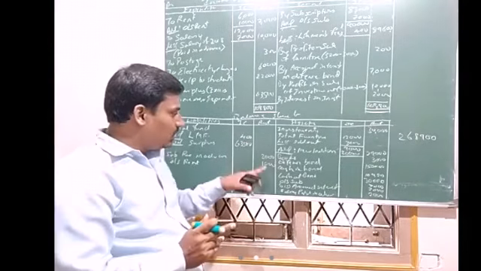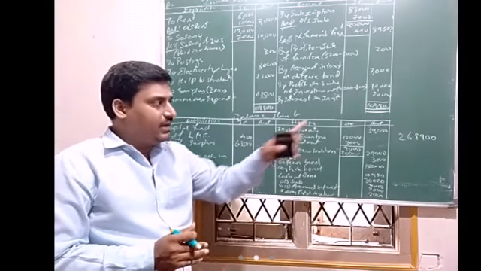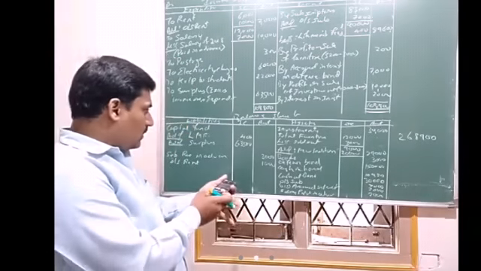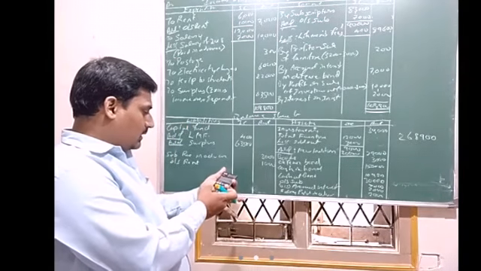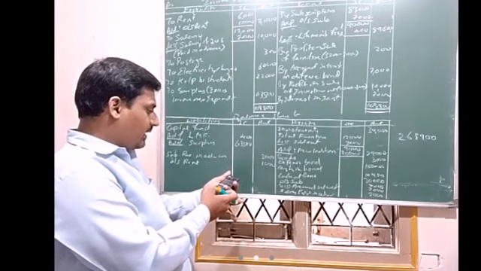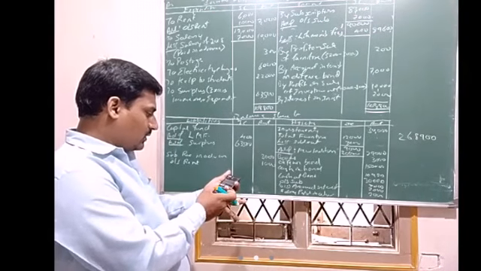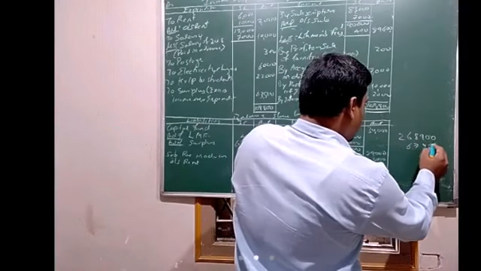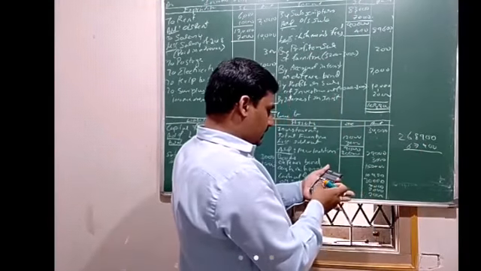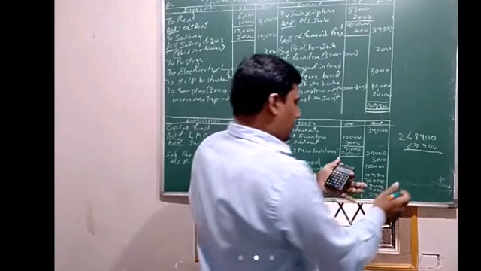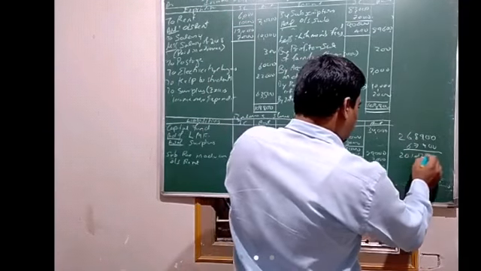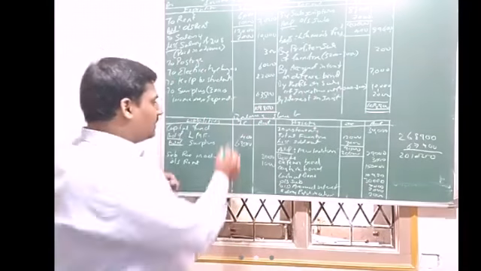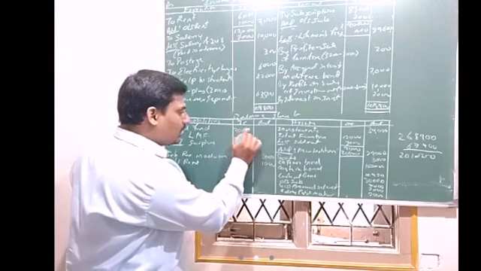So take the total of these four items and deduct it from the total. So 400 plus 63,500 plus 3,000 plus 1,000 is 67,900. So the difference amount is 2,01,000. So the opening balance of the capital fund is 2,01,000.